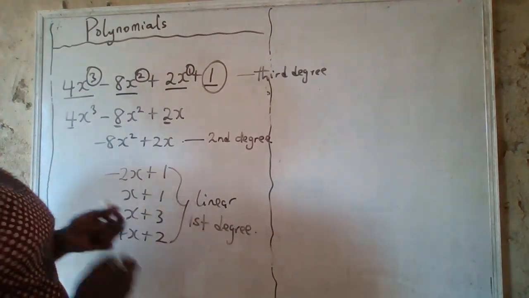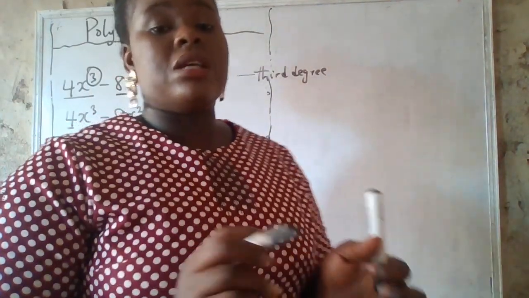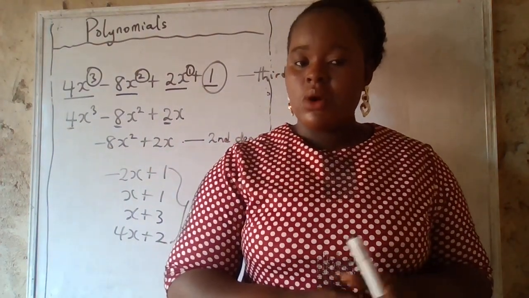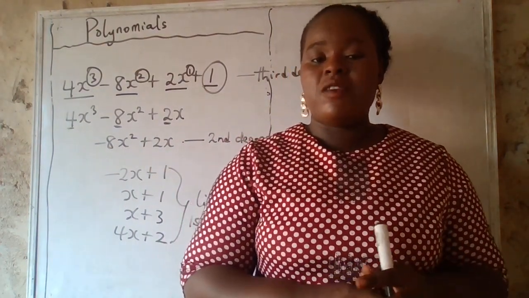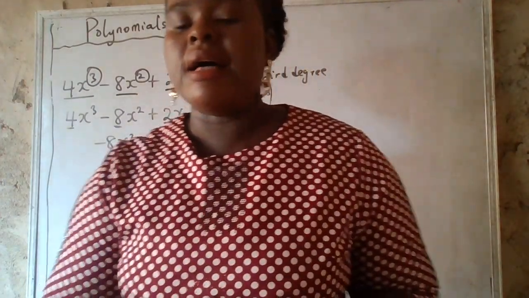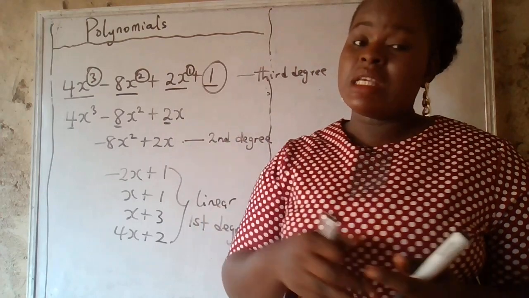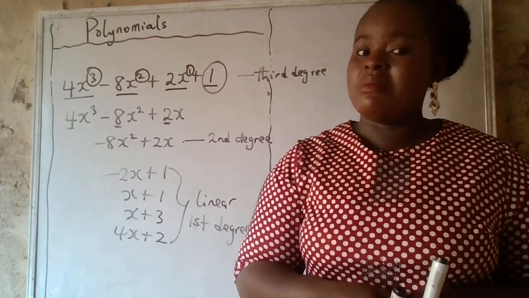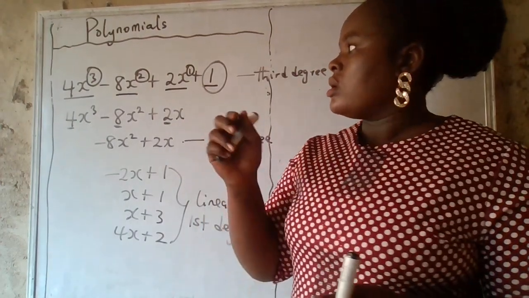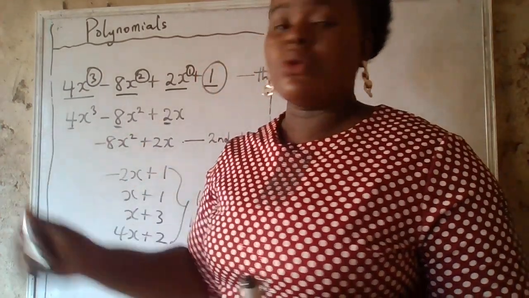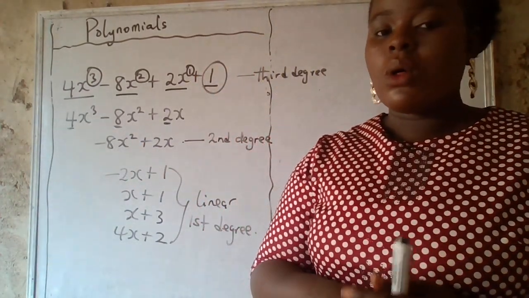It's important to note that a polynomial must have positive powers. All the terms must have positive powers. And if they have positive powers with a constant term, that constant term may be 0 or not. Another thing to note is that the coefficient too may be 0 or not.